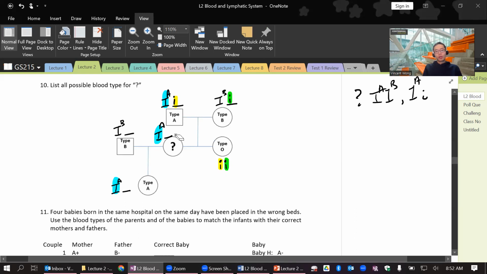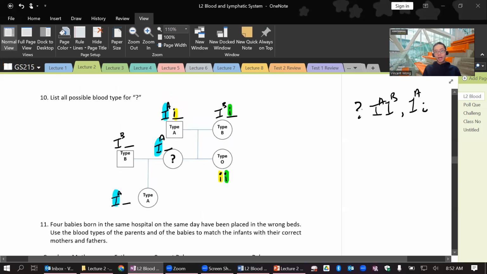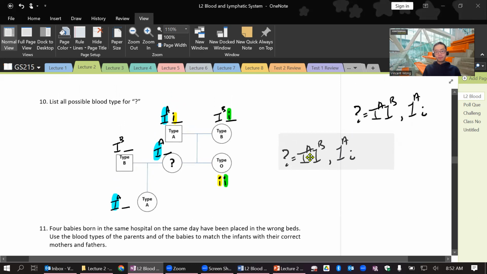We just don't know. They have to have more kids for us to be certain. But for now, question mark can actually be IAIB or IA little i, right? So Shelley's correct. That's the answer. Do you guys understand why it could be both?